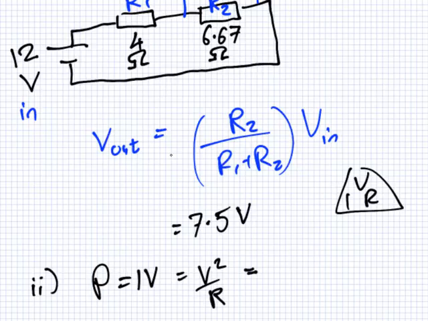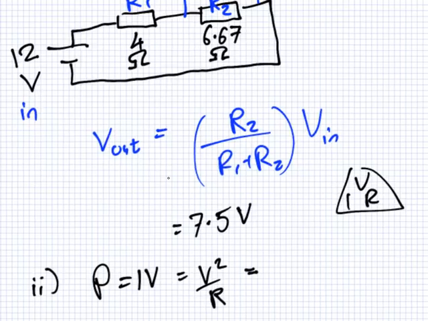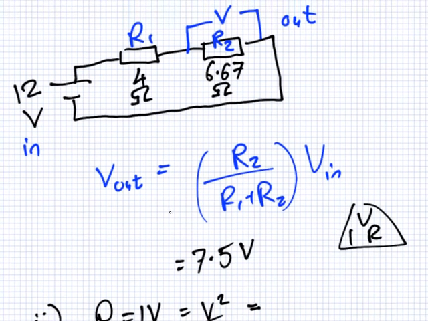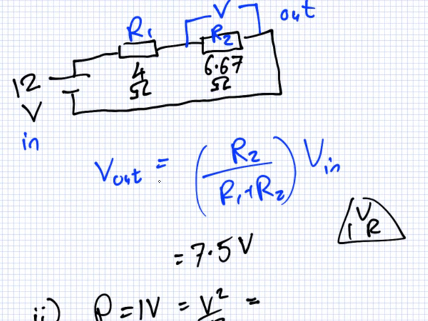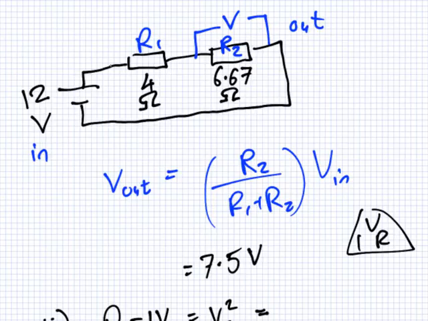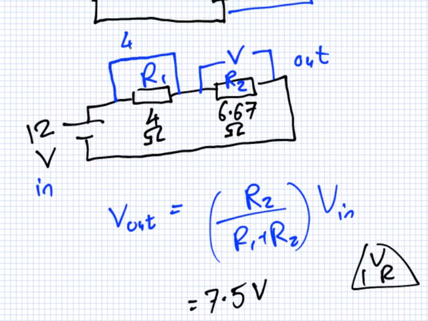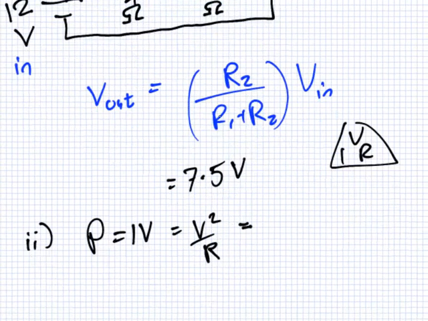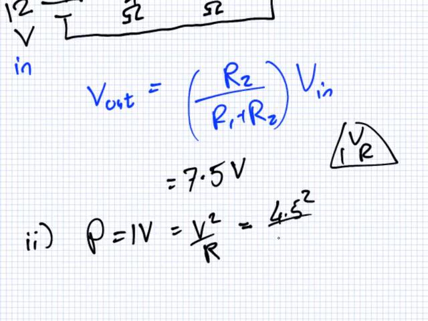Well, the voltage on the 20, we can know it. If this voltage here is 7.5, then what must this voltage here be? Well, the total has to be 12, so it has to be 4.5. So the voltage is 4.5. So 4.5 squared over 20.